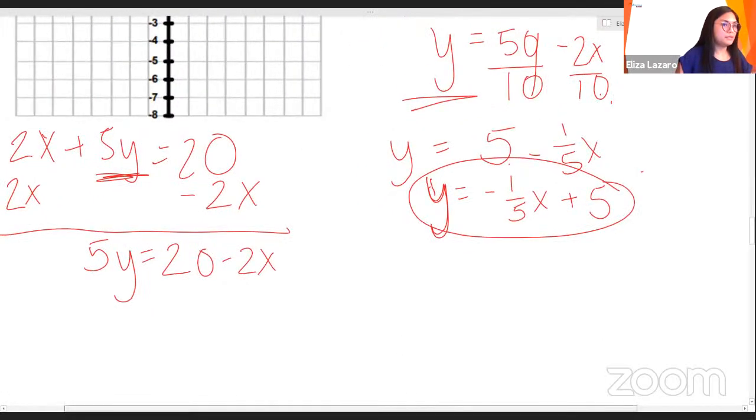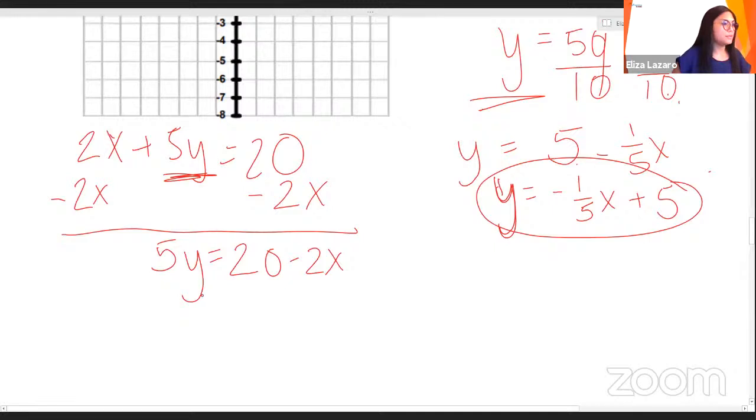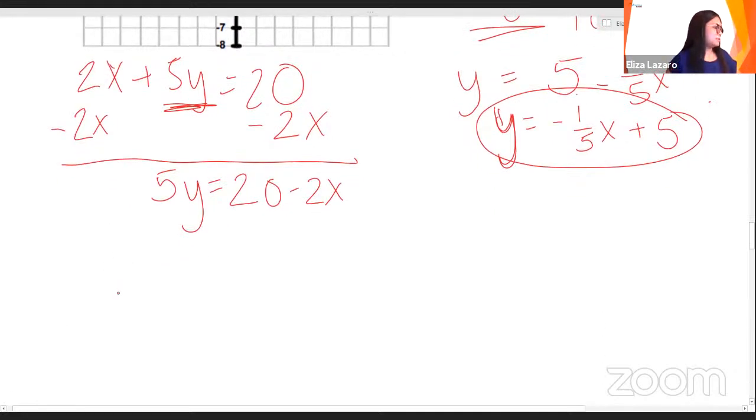But let me zoom in since we're still live streaming. Okay, so back to isolating y and getting it by itself. We want to divide both sides by 5 to get y by itself, because 5y is really just 5 times y. So to get rid of multiplying, we have to divide.